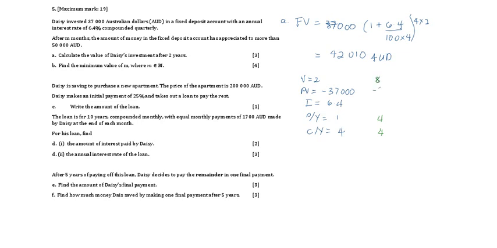So negative 37,000, 6.4. You will still be getting the same FV when rounded off to 3 significant digits, which is equal to 42,010 Australian dollars.